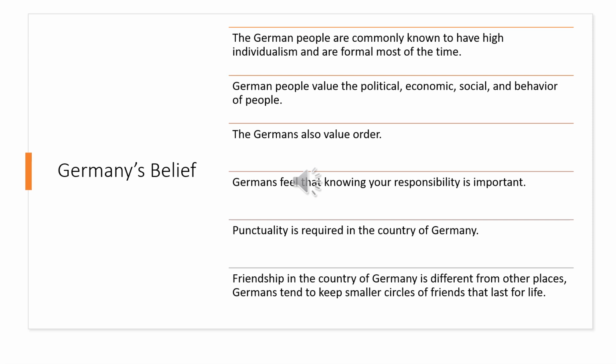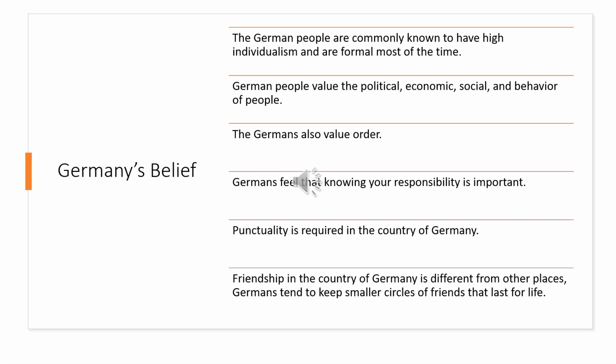Let's look at some of Germany's beliefs. The German people are commonly known to have high individualism and are formal most of the time. The German people value political, economic, and social behavior. The Germans also value order.